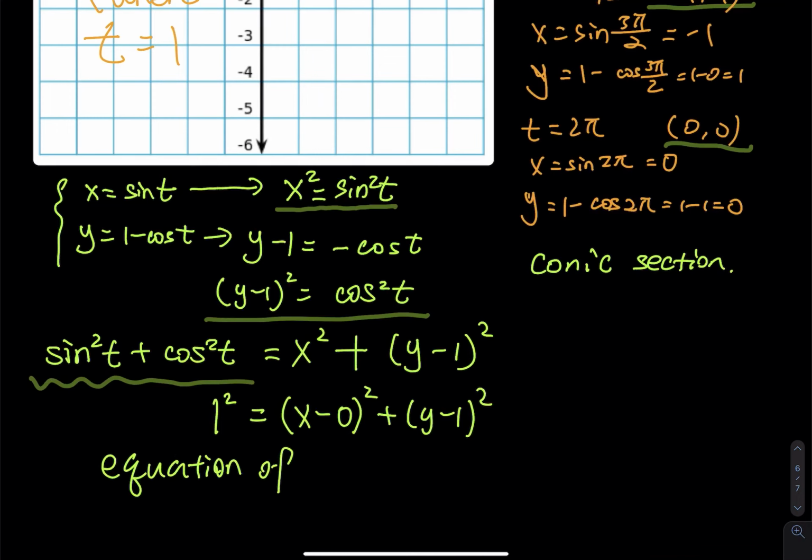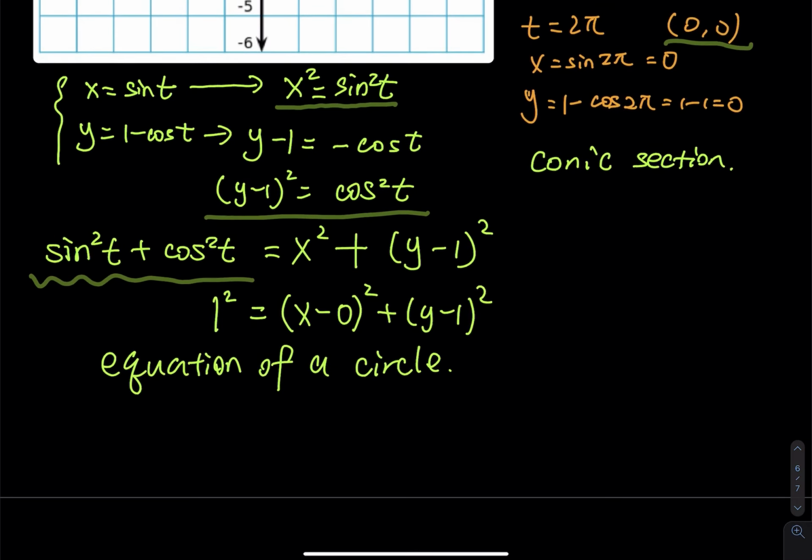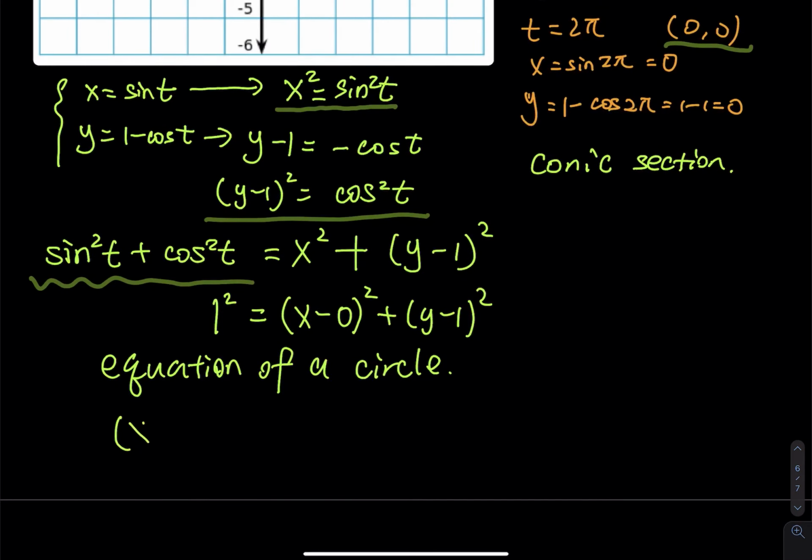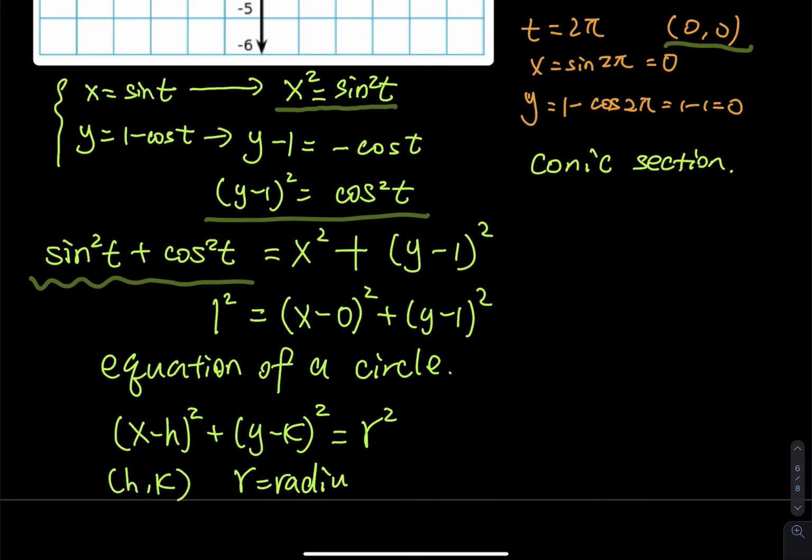of a circle. So what is the standard form? The standard form, I'm reviewing that for you, is x minus h squared plus y minus k squared equals r squared, and the center is h comma k, and the radius is equal to r. So in this one, where is the center? The center is 0 comma 1, right?